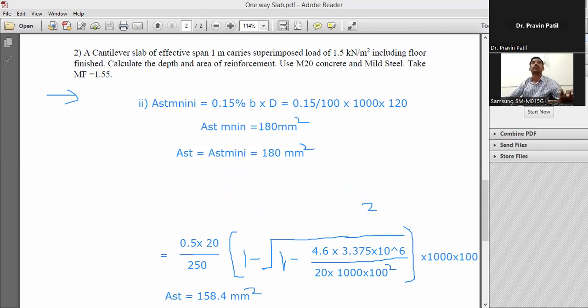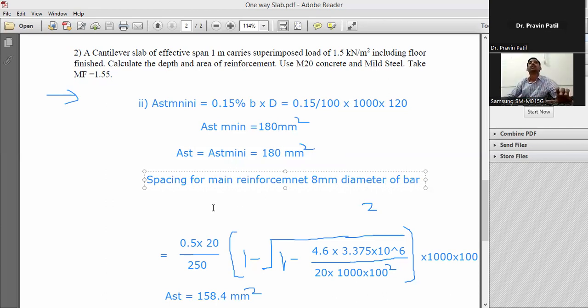Okay, so now calculate the spacing for the main reinforcement, 8 mm diameter of bar.